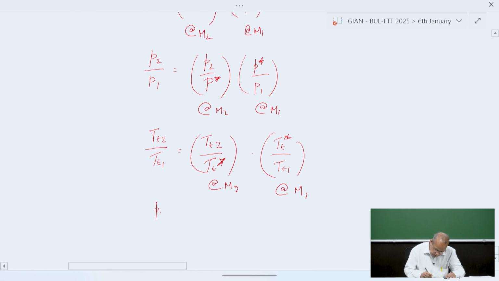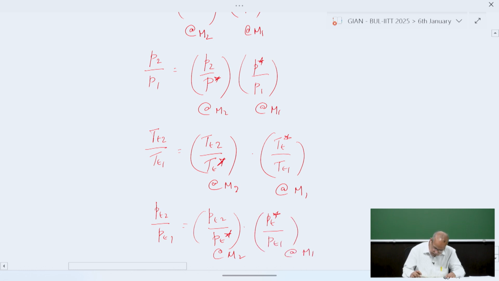Similarly, PT2 by PT1 is equal to PT2 by PT star at M2 into PT star by PT1 at M1.